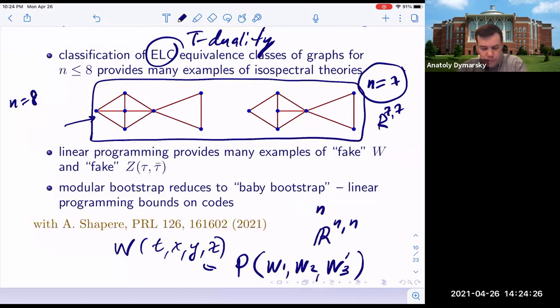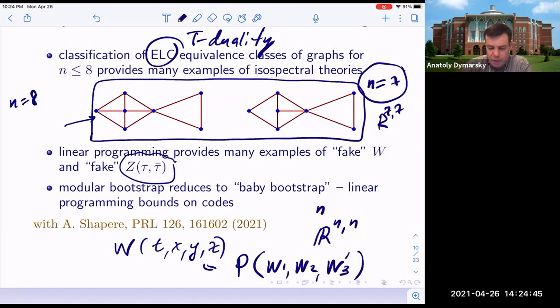Okay, so the second application is that we can generate a lot of fake partition functions. And all of those partition functions are solutions to modular bootstrap, yet we do not know if they correspond to any theory, and likely to any theory at all.